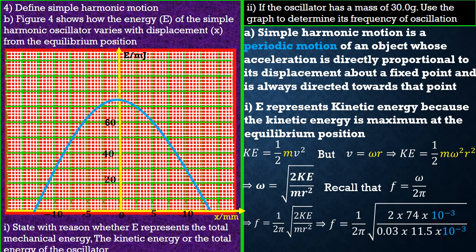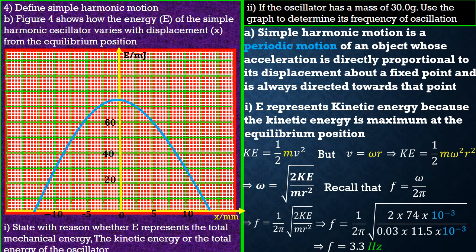Make sure you square this 11.5 times 10 raised to the power -3, all that squared. This is the answer I have when I haven't squared. So please try to square it, then you punch.